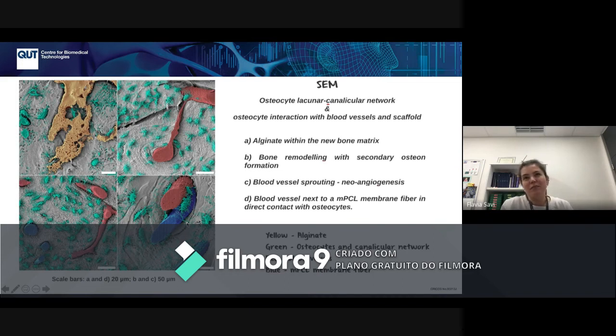Of course, the scaffold also has some coating, tricalcium phosphate, and the cells like it because it induces bone formation. So it's attractive to the cells to go there because it has the resource that they want to grow.